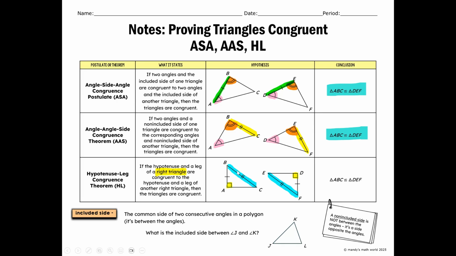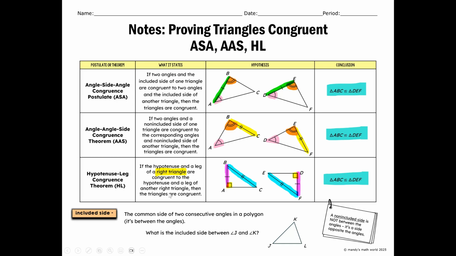And then the hypotenuse of this triangle, which is directly across from the right angle, right? And I know they're the same length because of the same number of tick marks, are congruent. And then I have a leg, which is one of these other sides that comes off that right angle, are also congruent. Then I can conclude that those triangles are congruent.